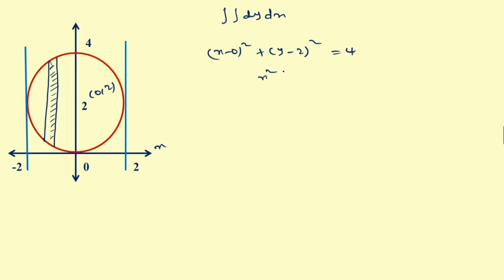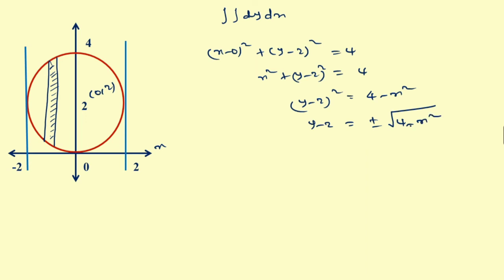So x square plus (y minus 2) whole square equal to 4. So (y minus 2) whole square equal to 4 minus x square. So y minus 2 equal to plus or minus square root of 4 minus x square. So y equal to 2 plus or minus square root of 4 minus x square.